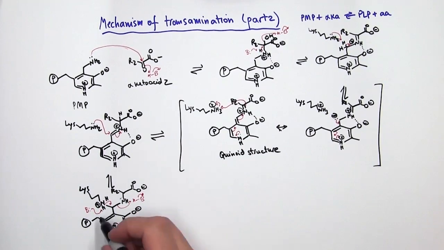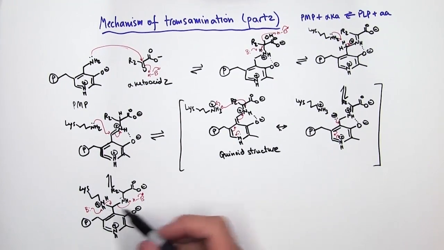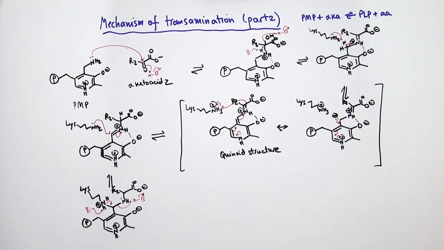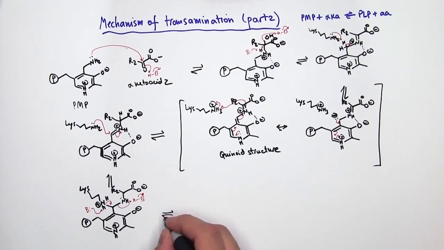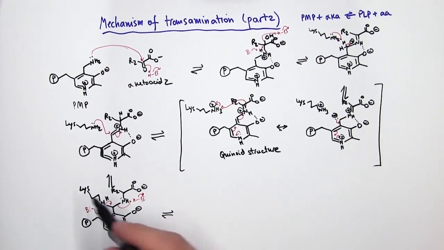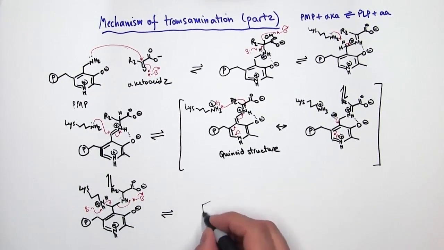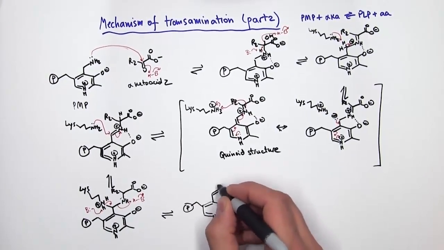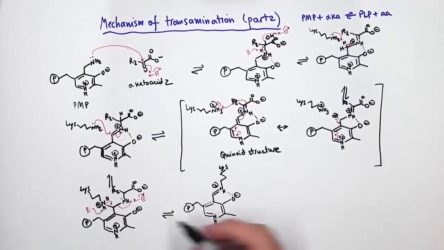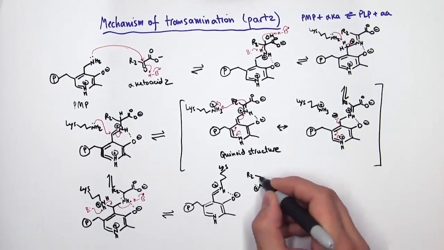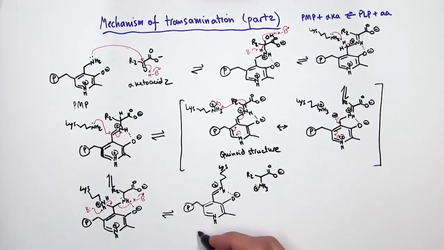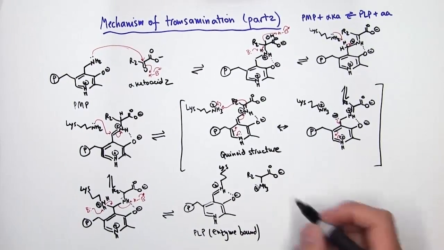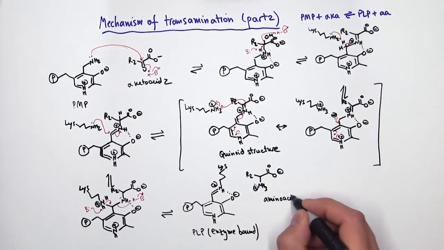And then, following some proton transfers, we can kick off the amino acid and generate the Schiff base corresponding to the PLP cofactor bound to the enzyme. So here we have PLP enzyme bound and the new amino acid 2.